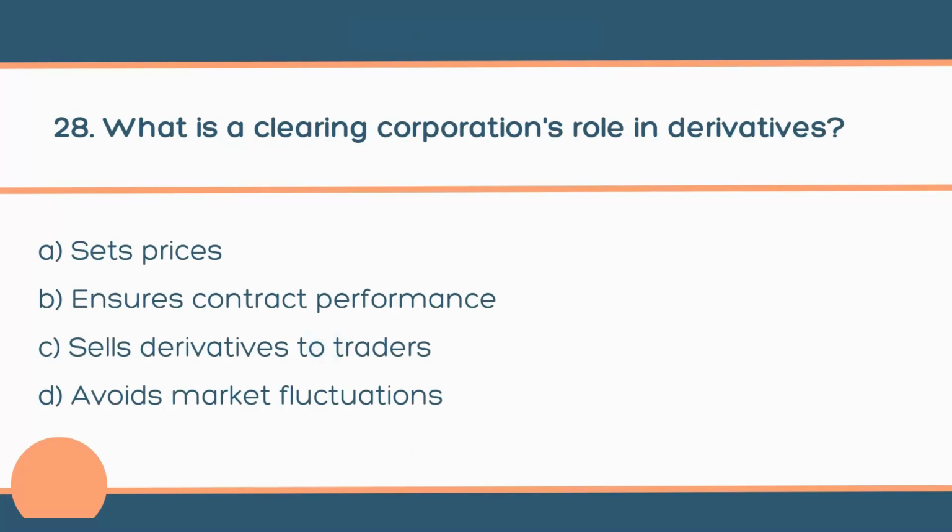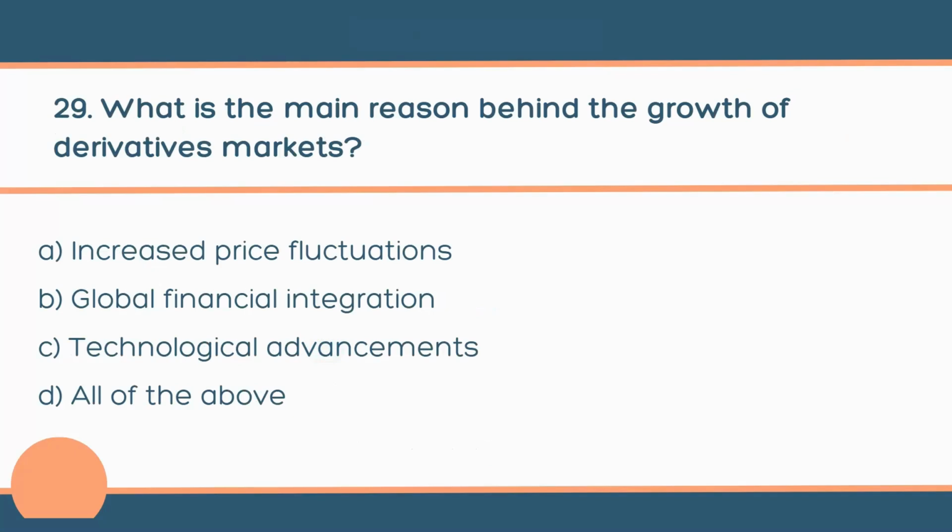What is a clearing corporation's role in derivatives? It acts like a middleman, guaranteeing that both parties meet their obligations. So the answer is B, ensures contract performance. What is the main reason behind the growth of the derivatives market?